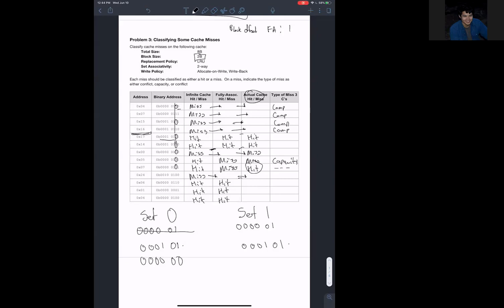So why is the block offset not used, and when would we need to use it in sets? The reason why I'm glossing over the block offset is, taking a step back, the way caches work is we have our address, right? In this example, we have 8 bits of our address.